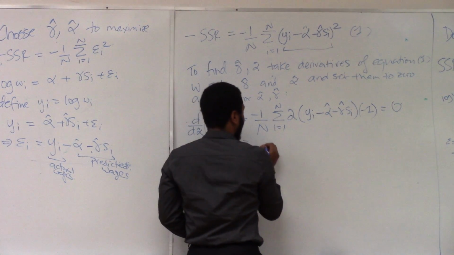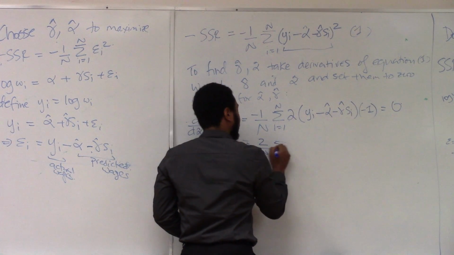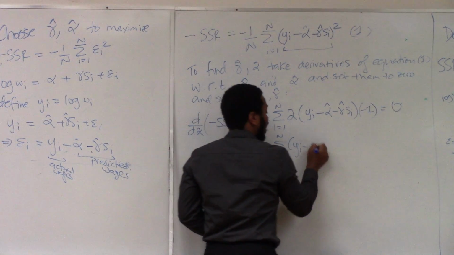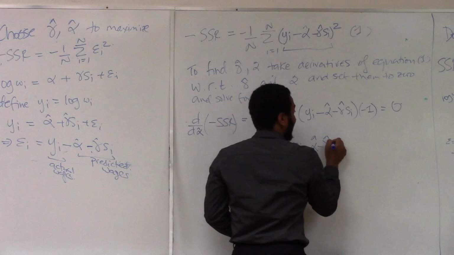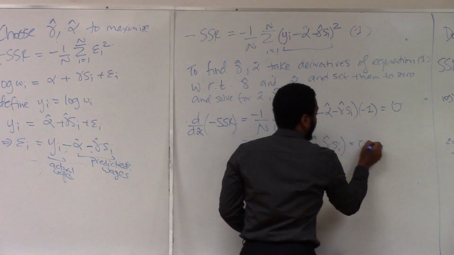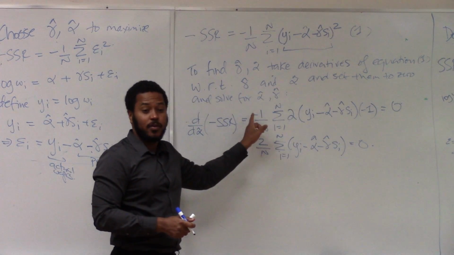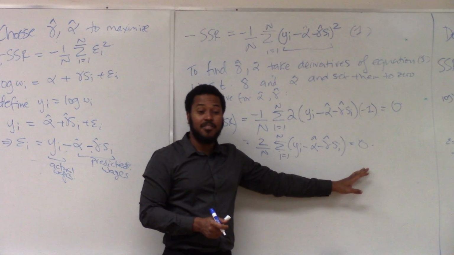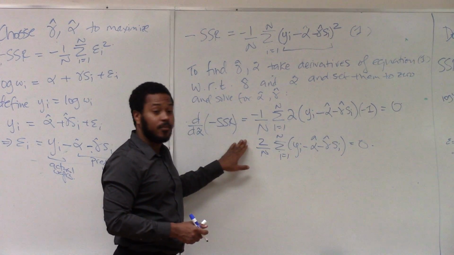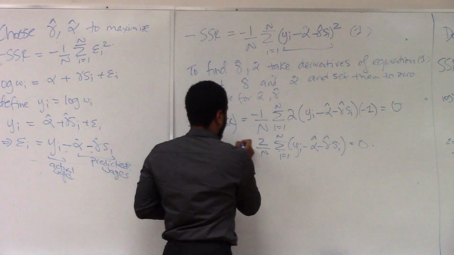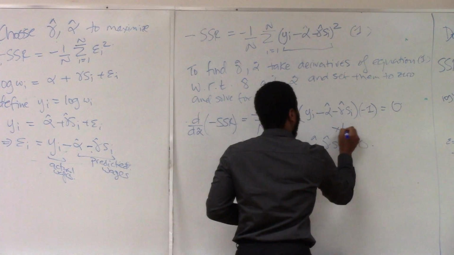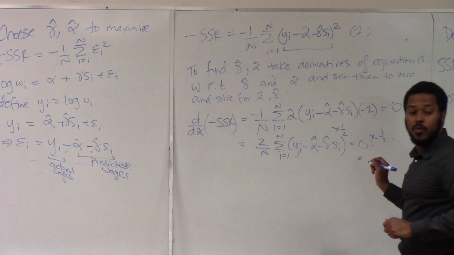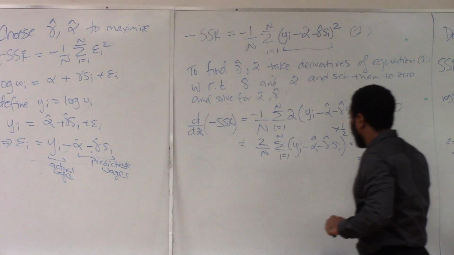And so this is the same thing as 2 over n, the sum from i equals 1 to n, of yi minus alpha hat minus gamma hat si, equal to 0. I just took this 2 out. Now, we can multiply both sides of this equation by a half to cancel out this 2, right? What's a half times 0? 0. Okay.